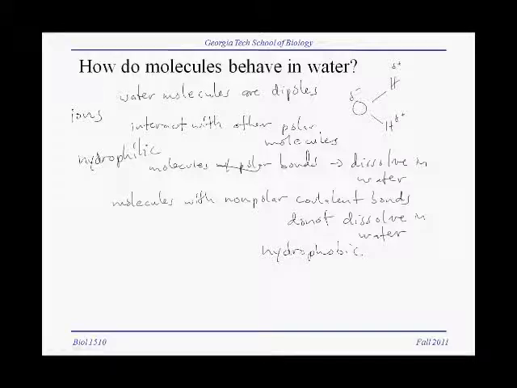So all ions and polar molecules dissolve in water, and molecules that are nonpolar do not dissolve in water, and in fact, they stick together. So hydrophobic molecules, if you try to mix them in water, will interact with each other and will avoid water. And this tendency for hydrophobic molecules to cluster together and interact with each other is called a hydrophobic interaction.